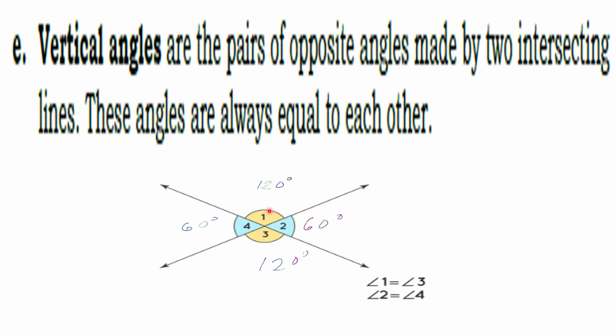So if one is 120, then 2 is 60 degrees. Also, since 1 and 4 form a linear pair, if angle 1 is 120, then angle 4 must also be 60 and angle 3 must also be 120 degrees. So here we can see that angle 1 and 3 are congruent, angle 4 and 2 are also congruent.